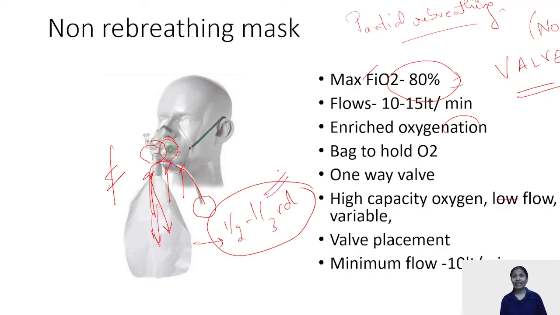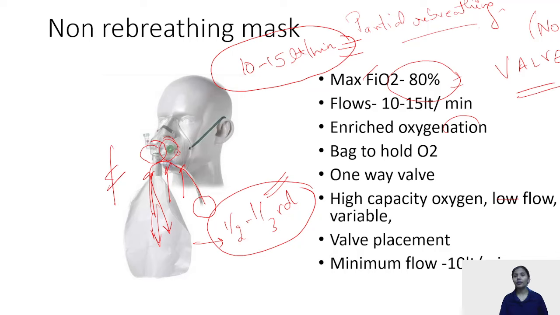For maintaining that, we have to provide at least 10 to 15 liters per minute of flow from the oxygen flow meter, so that at least half to one-third of the reservoir bag is always filled.